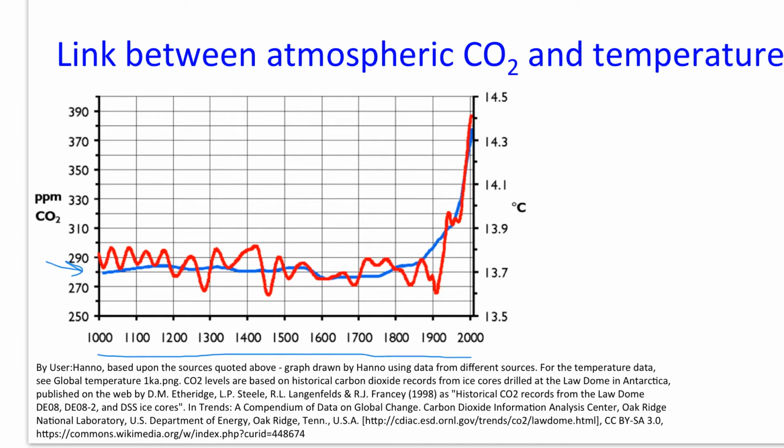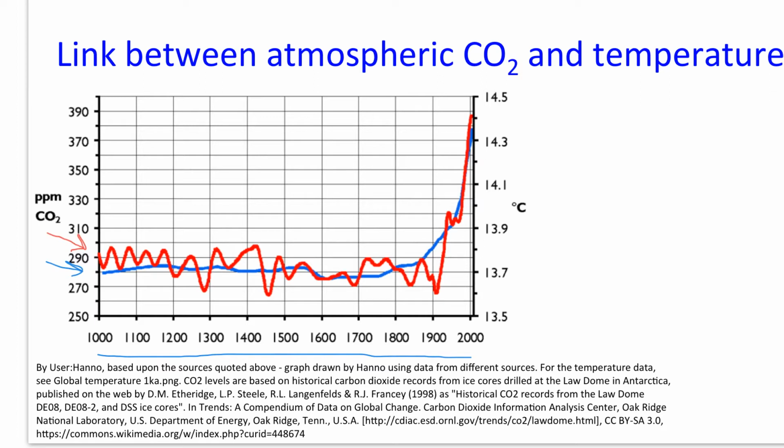We are also looking at temperature data shown by this red line, and this data is coming at least in part from ice cores. So we dig down into ice at different depths, let's say in the Arctic or Antarctic, and we can look at the amount of carbon dioxide in the bubbles in that ice, and that gives us an idea of how much carbon dioxide was in the air at that time.